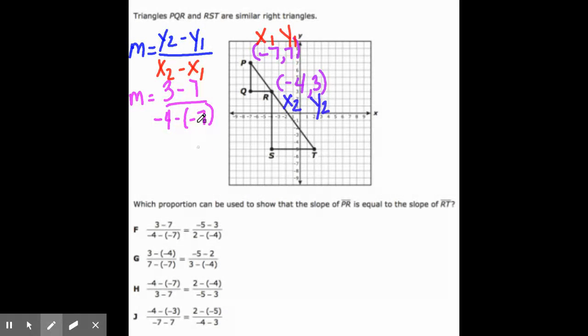All right, so looking at our answer choices, 3 minus 7 over -4 minus -7, right? So that checks out.